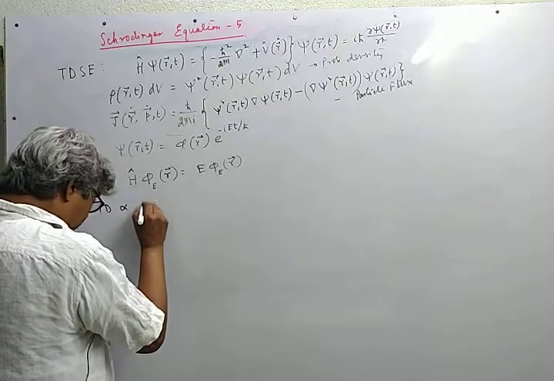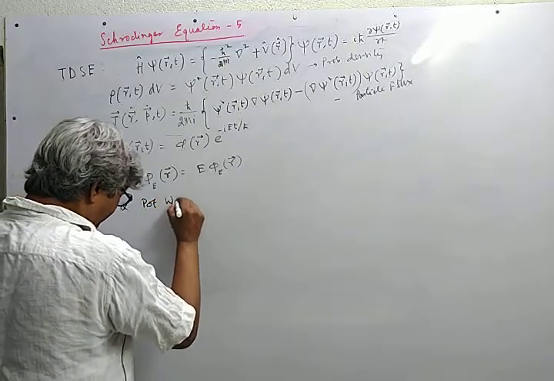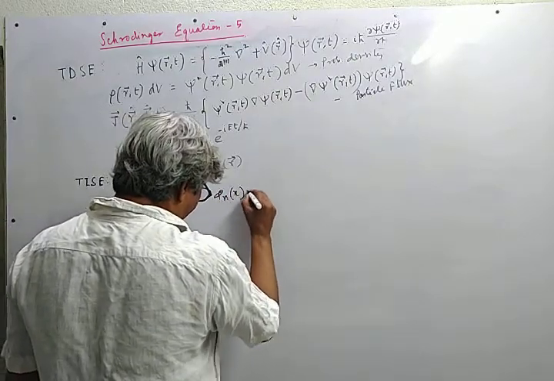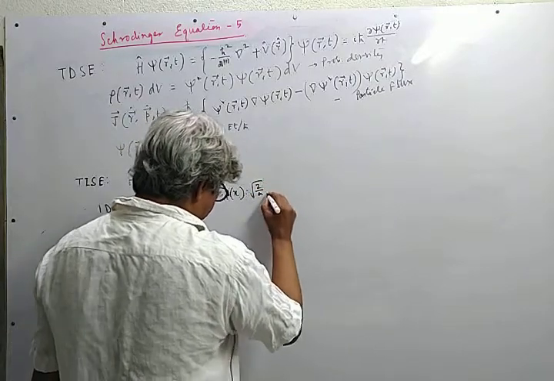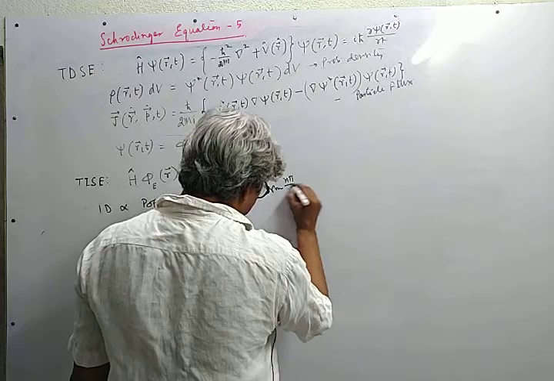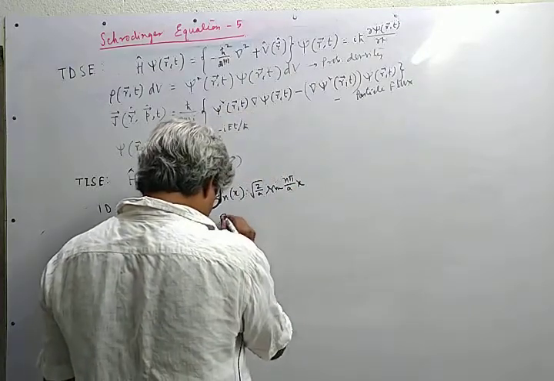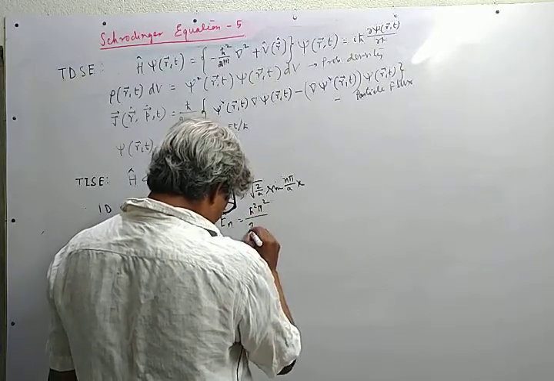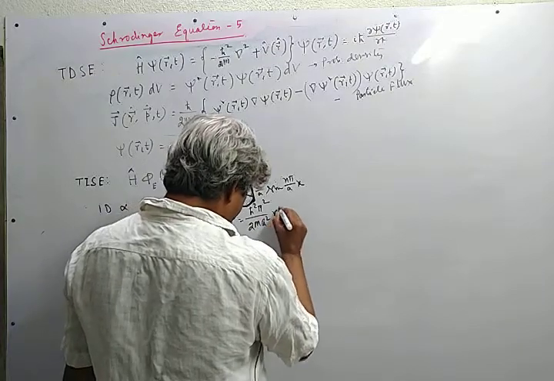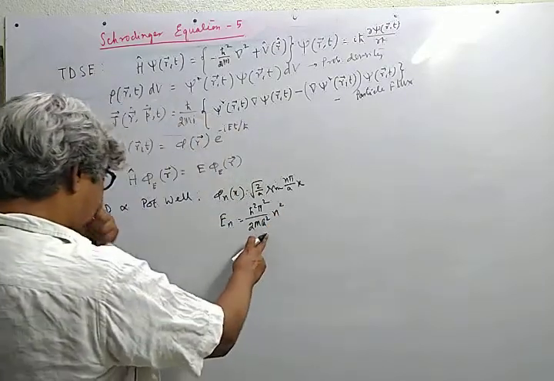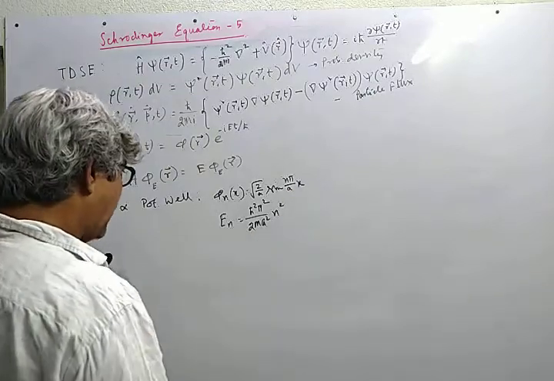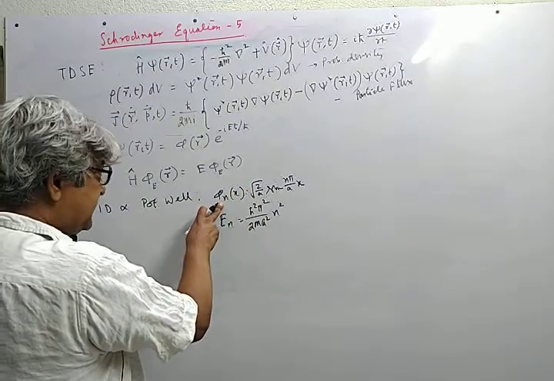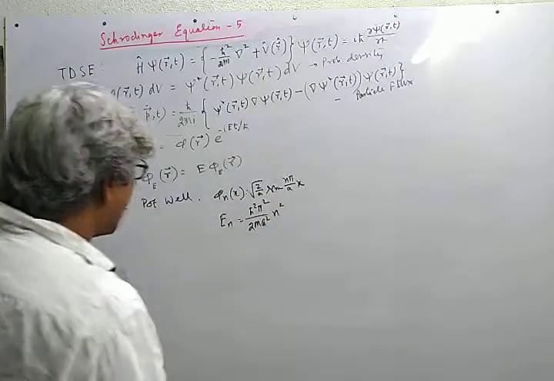The wave function was found to be phi n of x, where m is the mass of the particle, a is the width of the well, and in that case we have denoted this in terms of a discrete suffix because the system is quantized.